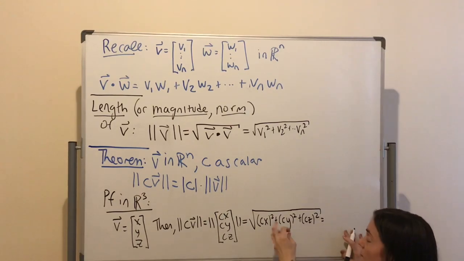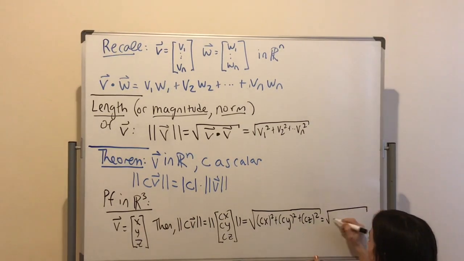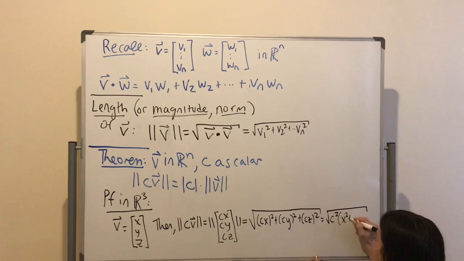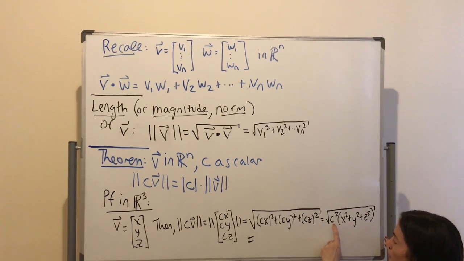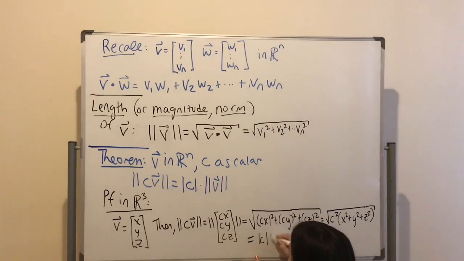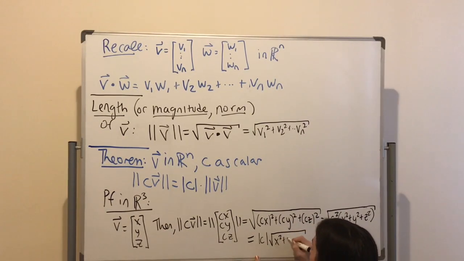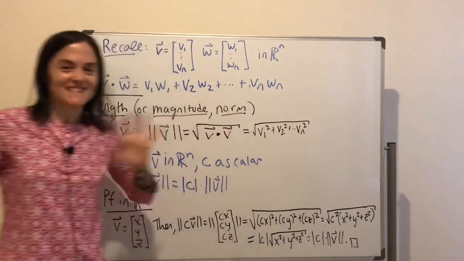Now, you notice every single term, if I square them, has a C squared. So this is the square root of C squared times X squared plus Y squared plus Z squared. And then if you pull out the C squared from underneath the radical, you don't get C because it could be negative, but you do get absolute value of C, times the length of V. Okay, so there's a proof in R3, but in Rn it is exactly the same.